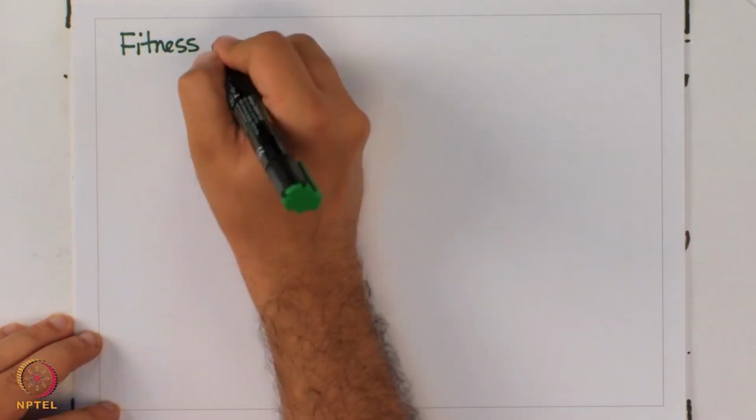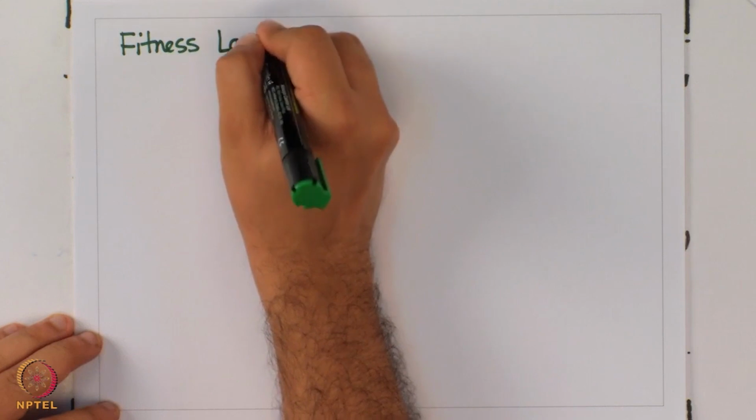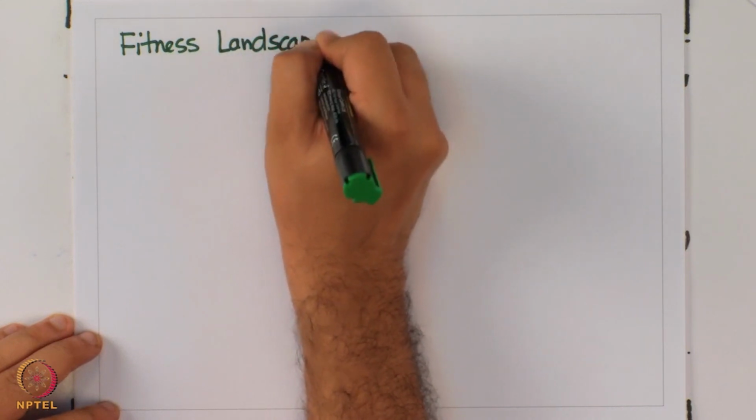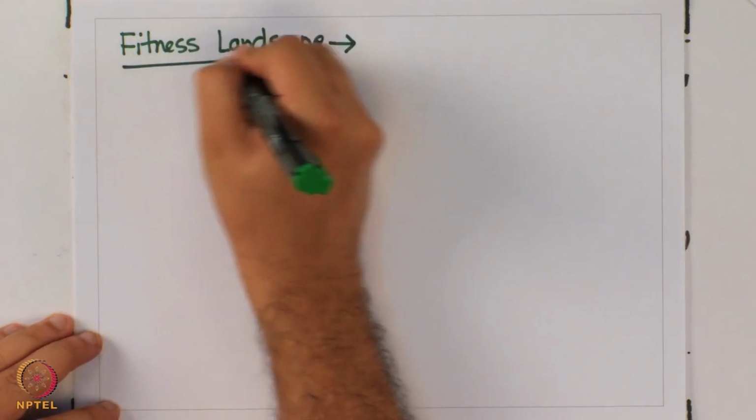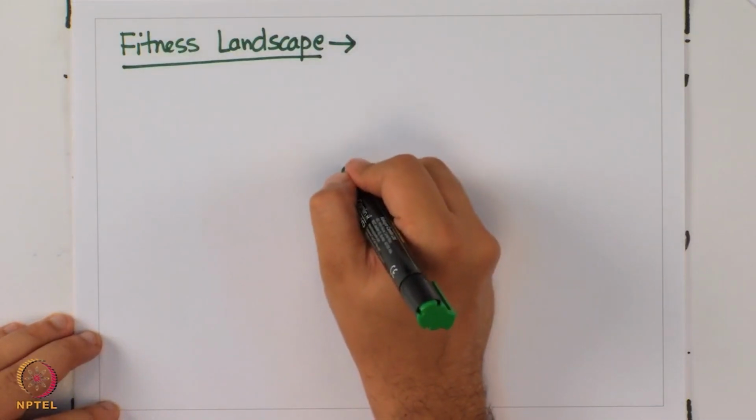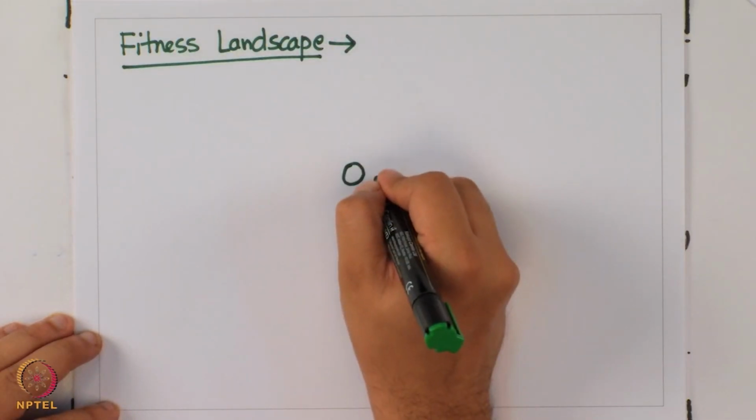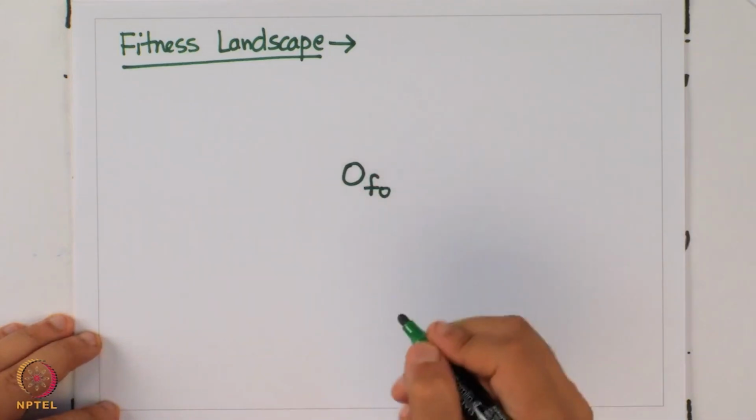What would this fitness landscape look like? Let us try and imagine it. Let us draw at the center the fittest. We want to understand the fitness landscape corresponding to these definitions. Let us say this is the node which represents all zeros, hence the fitness is F naught.